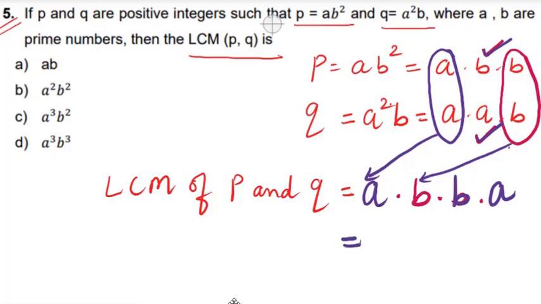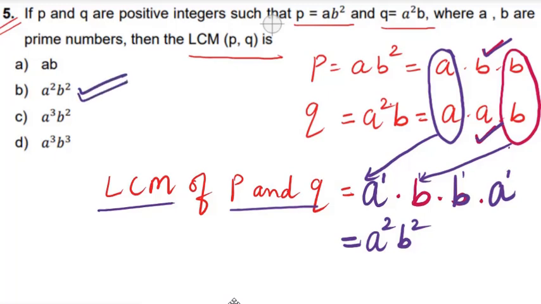Now here, A raised to power 1 from the common and the uncommon A will be A square, and B raised to power 1 twice will be B square. So the LCM of P and Q is A square B square. That is the answer.